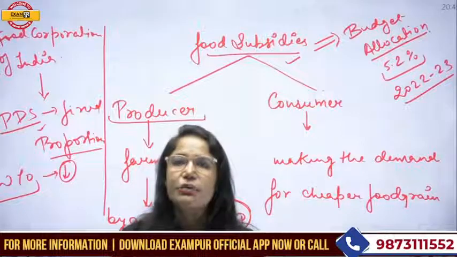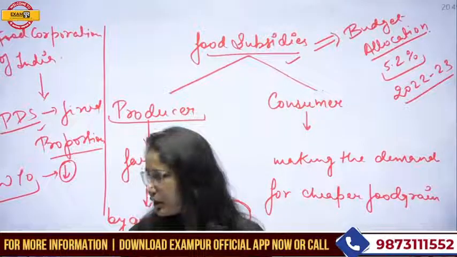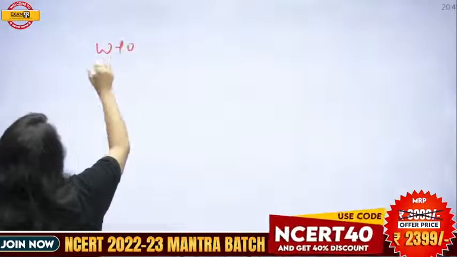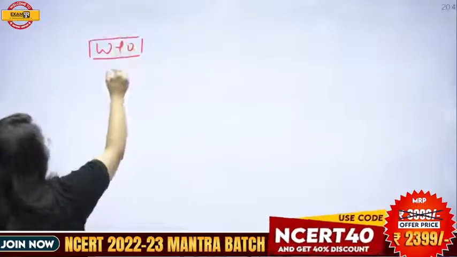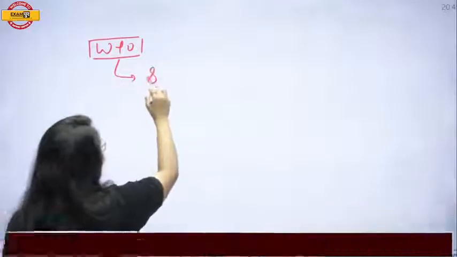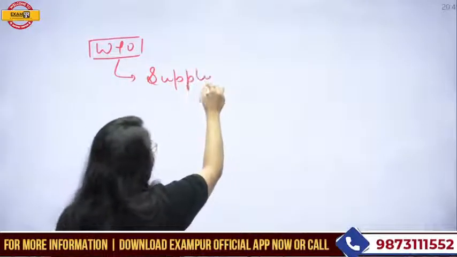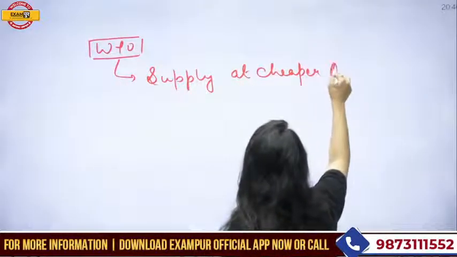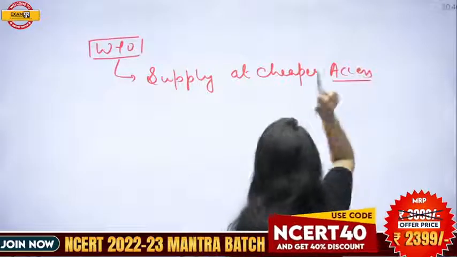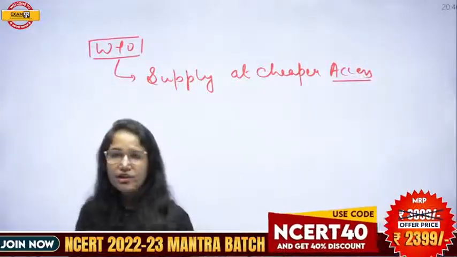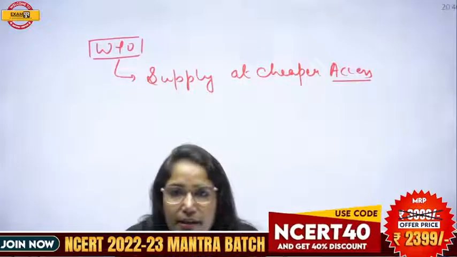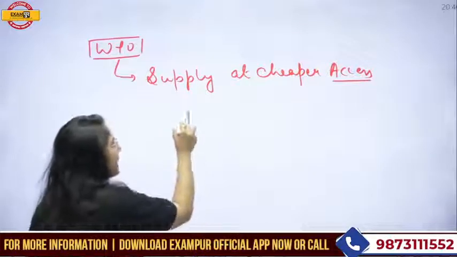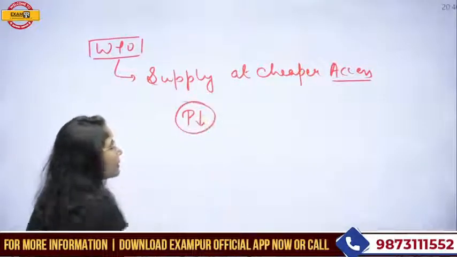Many times a country could take advantage of this situation, because if WTO had given the permission of supply at cheaper access, they could have created a situation of price decline, price depression in the global scenario.